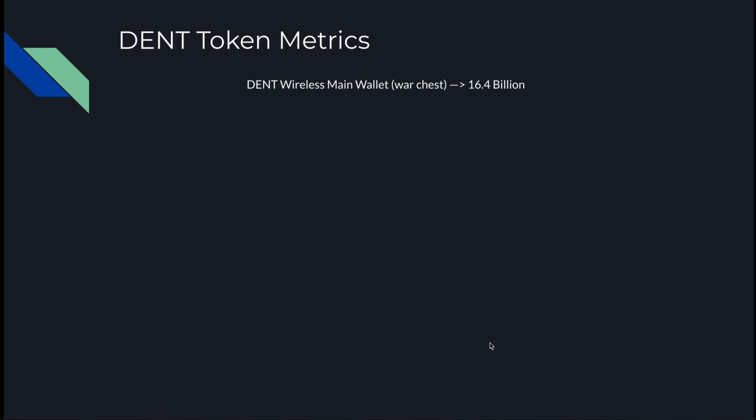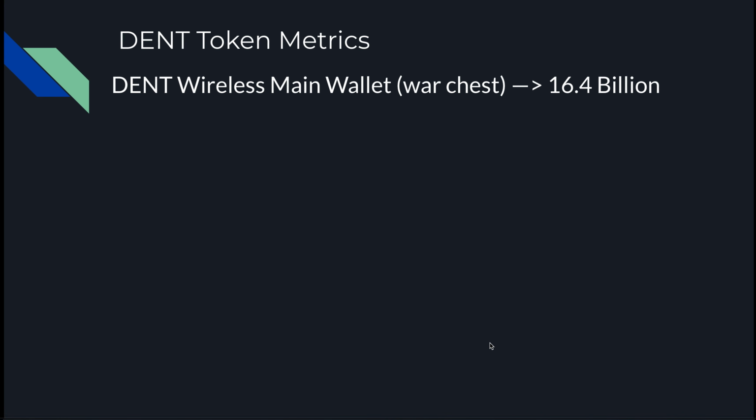Let's get into the circulating supply of DENT first. We know DENT's main wallet holds 16.4 billion tokens that haven't been released. They're in the DENT Wireless main wallet.